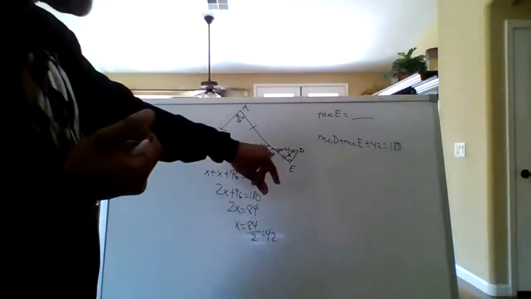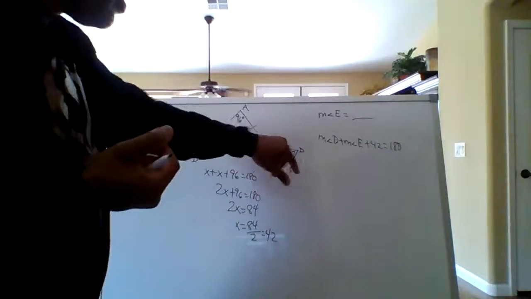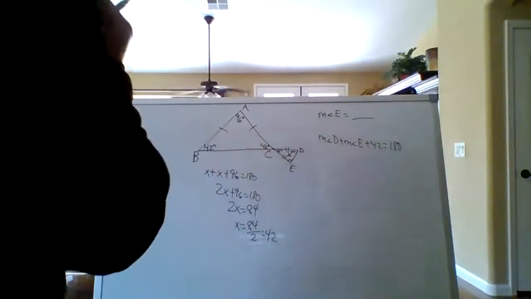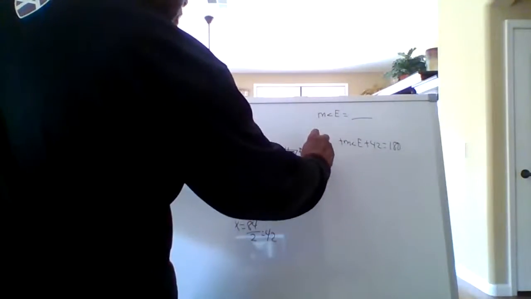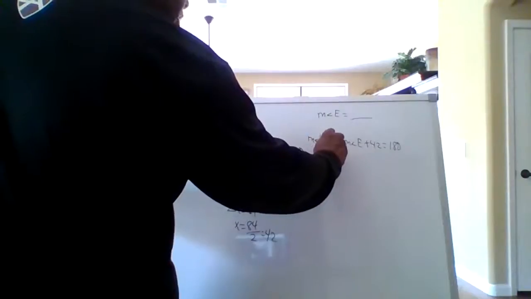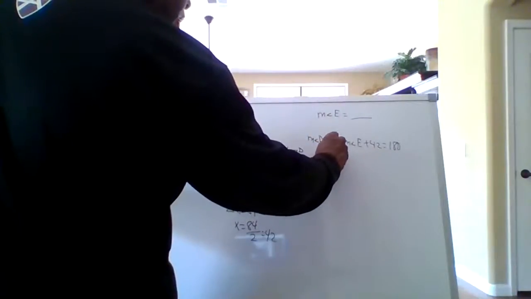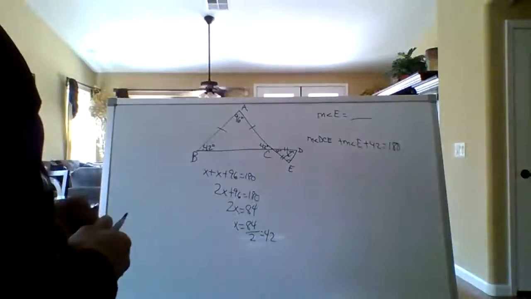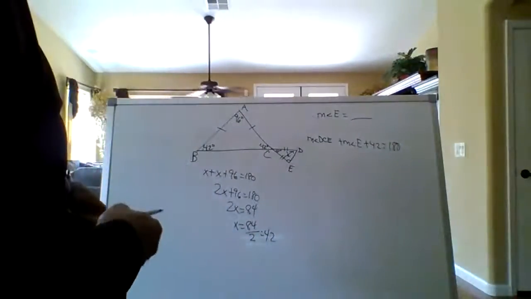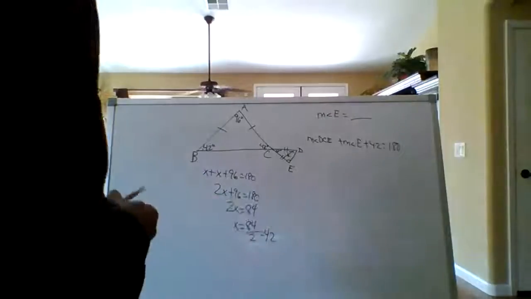And that 42 degrees came from angle DCE. Matter of fact, let me go back and add that in for you. So the measurement of angle DCE. Remember, when you have a vertex that goes to different angles, you have to symbolize it with all three letters, okay?